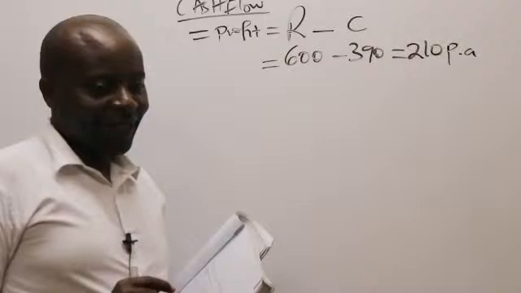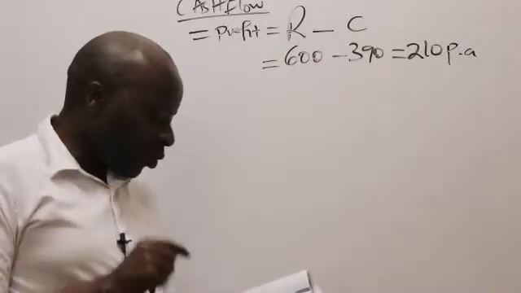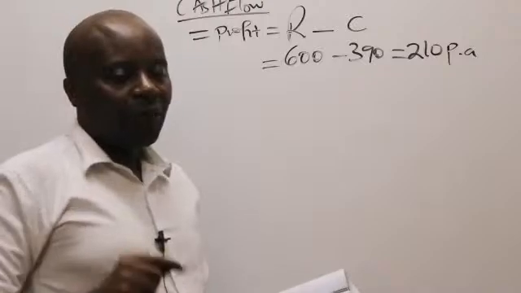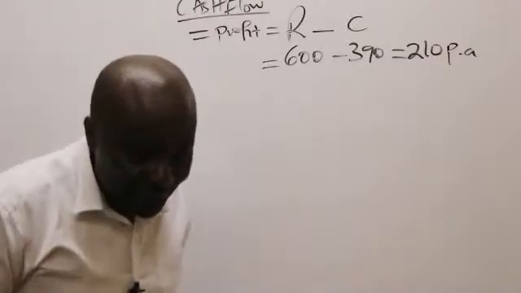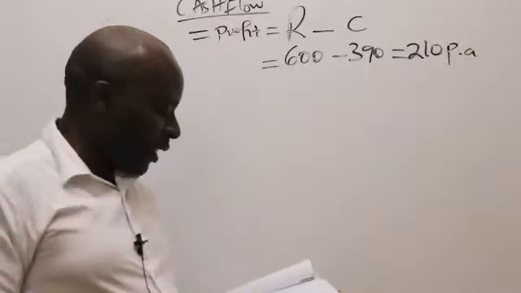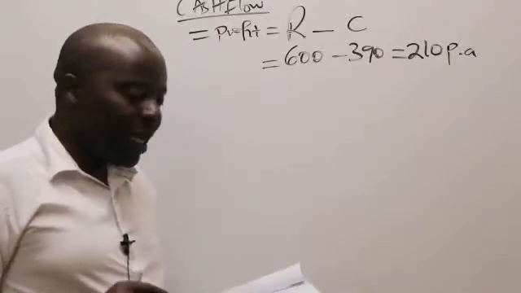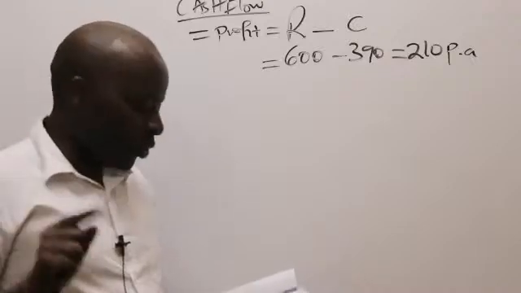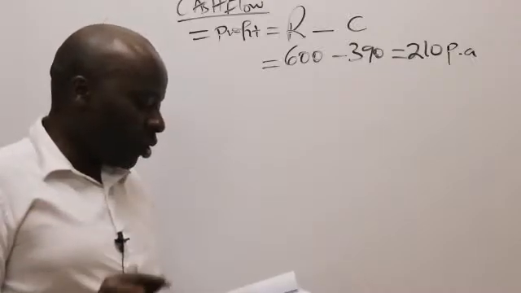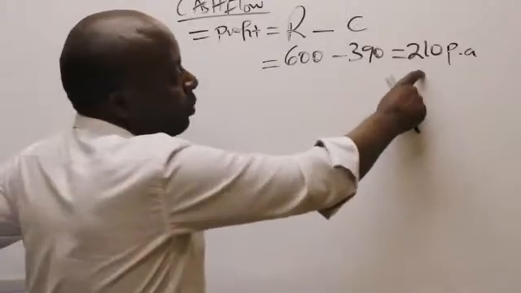Great. So I want to emphasize, they told us that for each of the 3 years, the equipment is expected to increase both sales revenue by 600 and the cost by 390. So it means that the 210 you have is per annum.